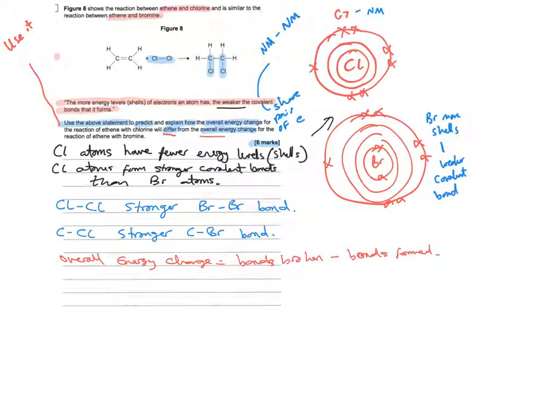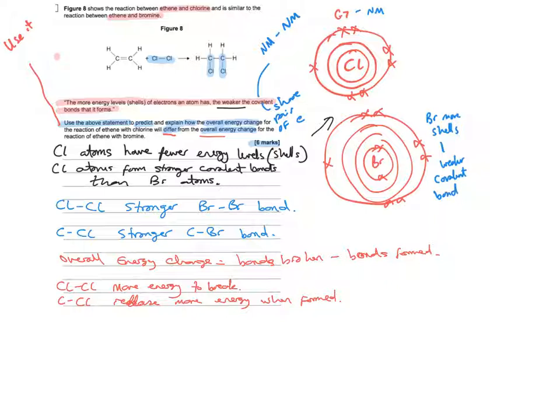If I'm trying to break the chlorine-chlorine bond, this is going to require more energy to break because it's stronger. However, my carbon-chlorine bond is also stronger, so this is going to release more energy when formed.